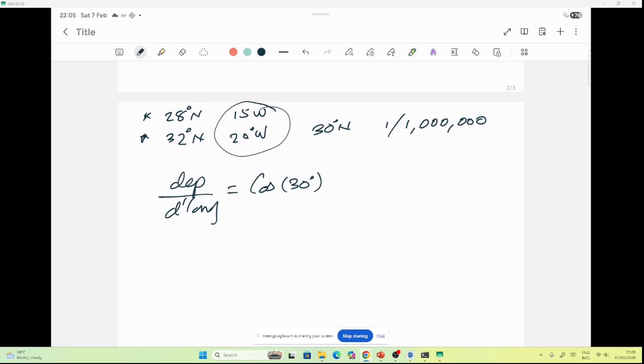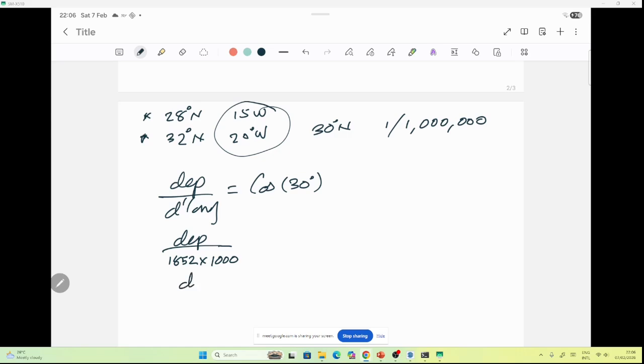Okay, so in the equator, we saw that previously 1 minute of D long is equals to 1852 into 1000 to convert into millimeters.